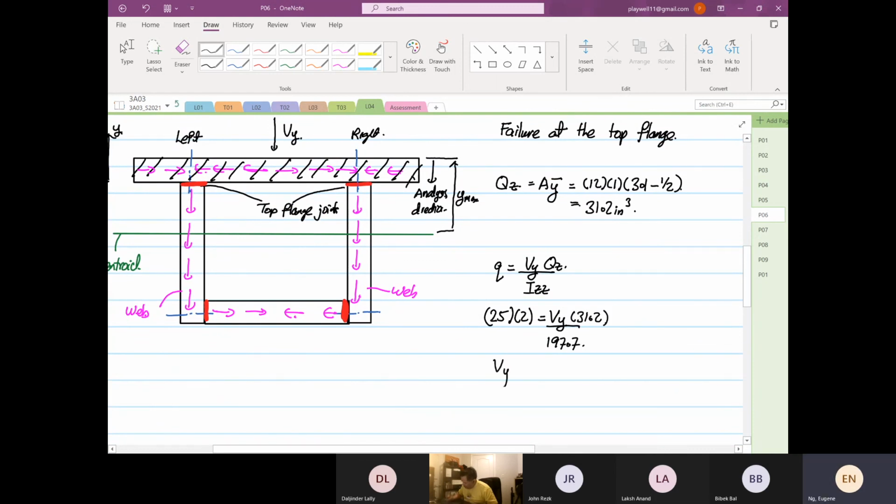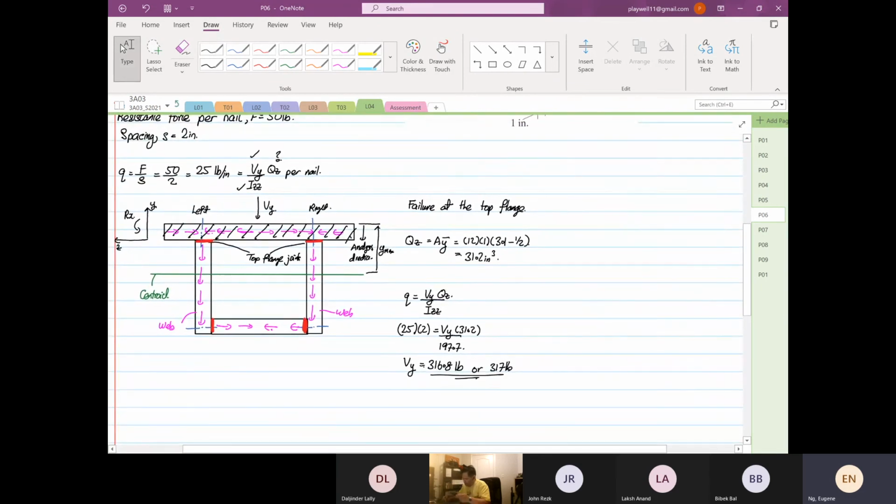So your Vy is equal to 25 times 2 times 197.7 divided by 31.2, which is equal to 316.8 pound force, or you can round it up to 317 pounds. Okay, now that is the failure at the top flange.